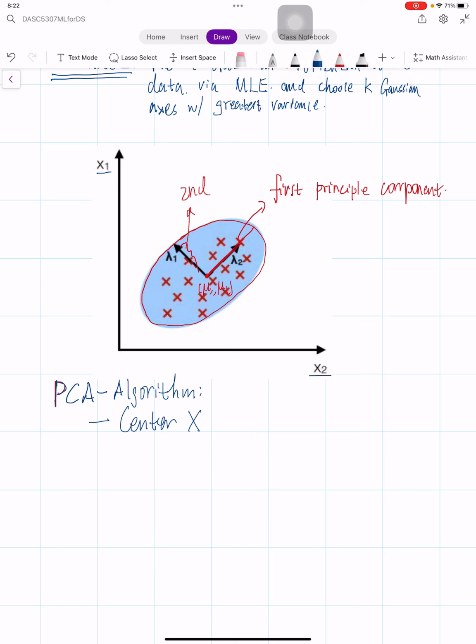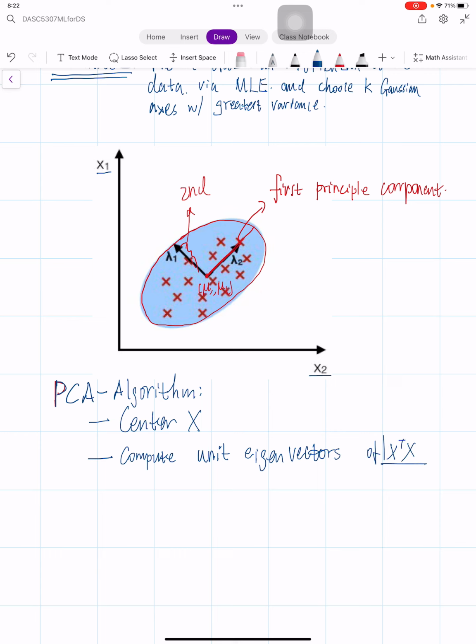You center your feature space, and then you compute the unit eigenvectors of x transpose x.